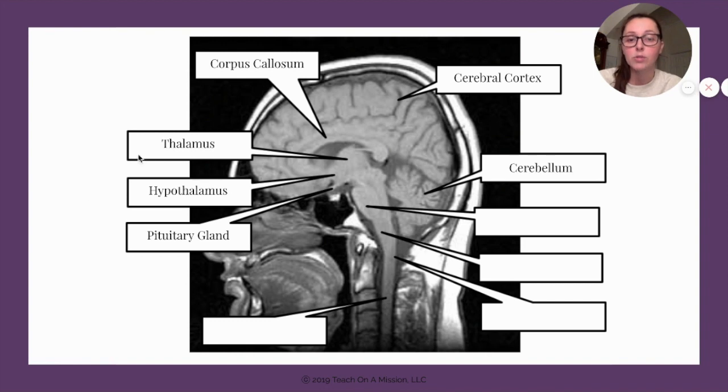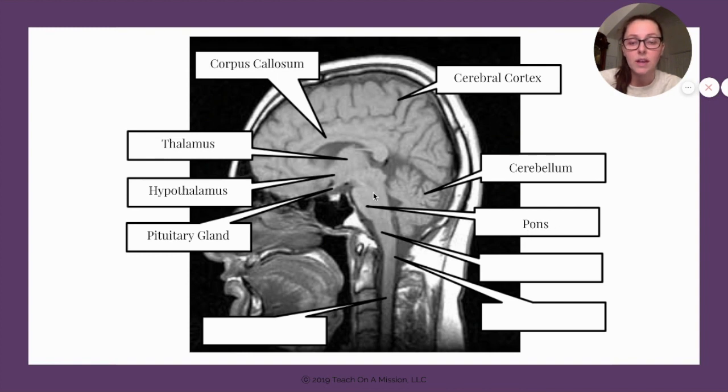And then below that, which kind of looks like a little bean, that's your pituitary gland, which we talked a lot about in the last video. Remember, that's the master gland that kind of controls all the different glands that release different hormones through our endocrine system.